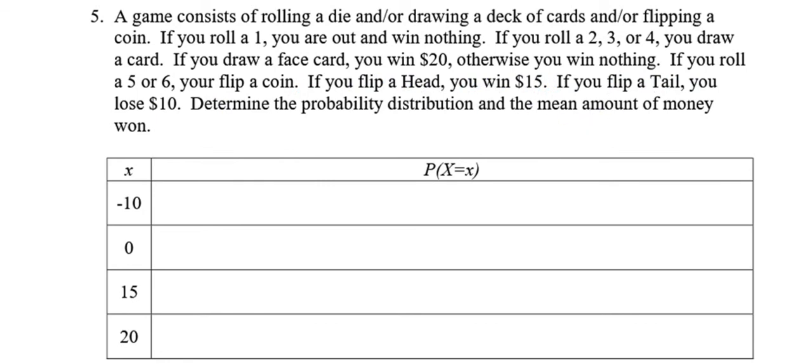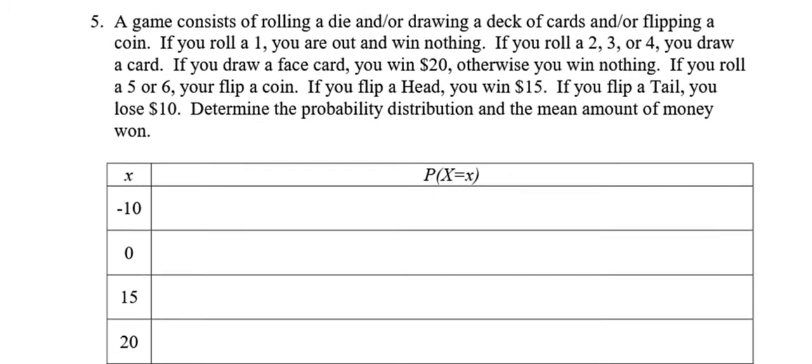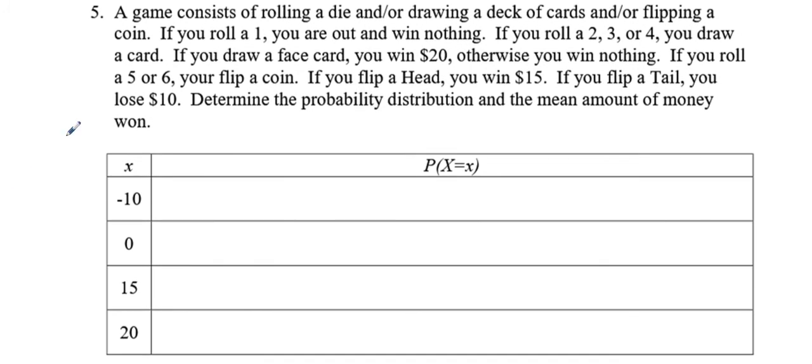So, sounds a little overwhelming. So, the best thing to do with these games is to start off with a tree diagram. So the first thing you're going to do is roll a die. And in this case, how many outcomes are there? You roll a 1, a 2, 3, or 4, 5, or a 6. So there's 3 outcomes.